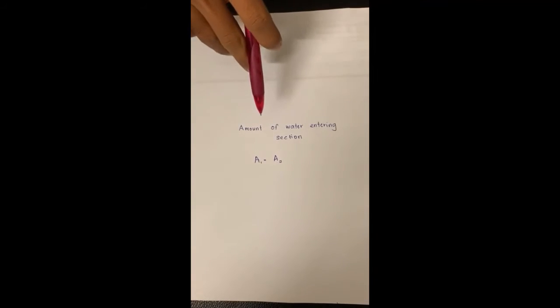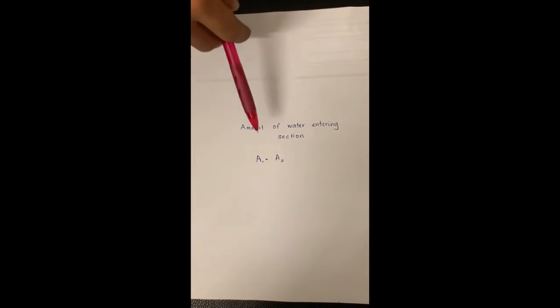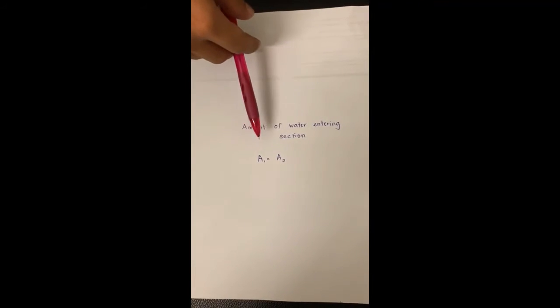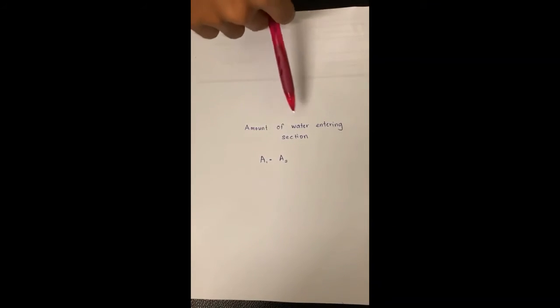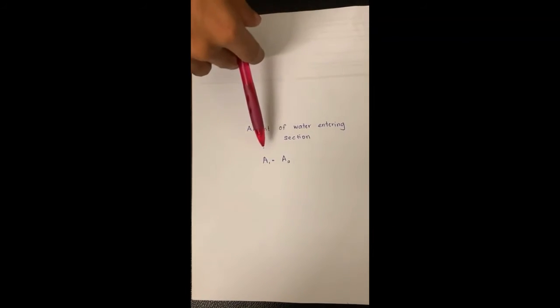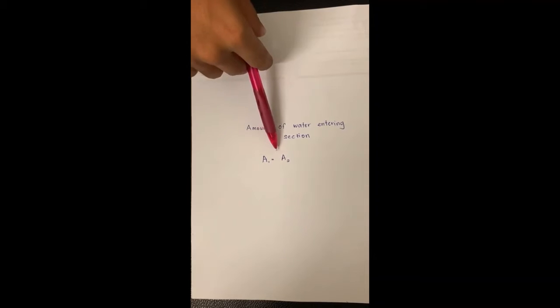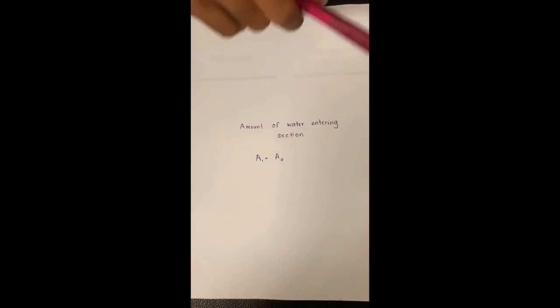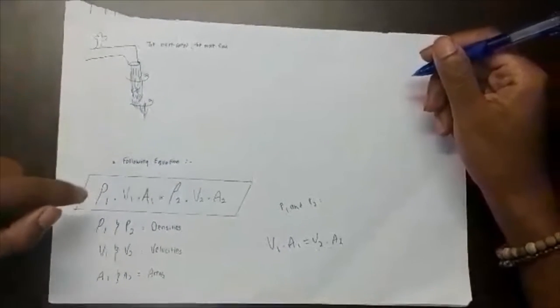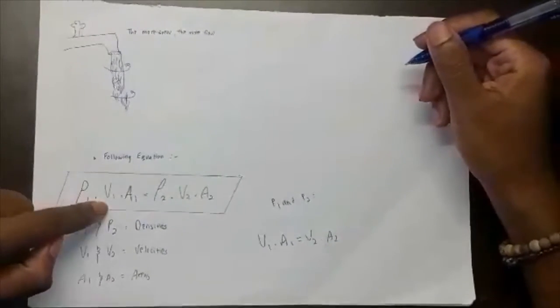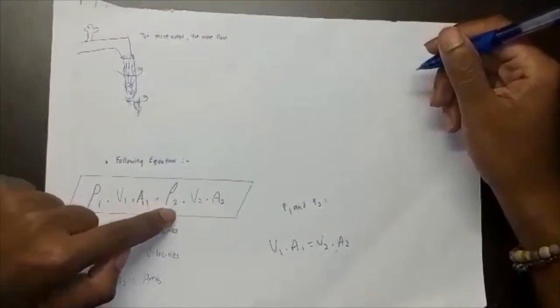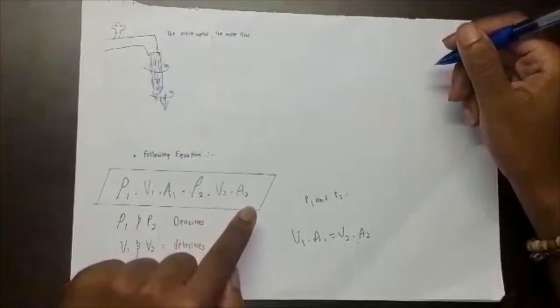So we can come up with the formula for the amount of water entering a section, A1 equals A2. We arrive at the following equation: P1 times V1 times A1 equals P2 times V2 times A2.